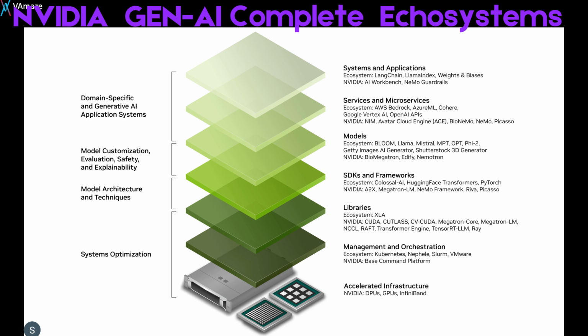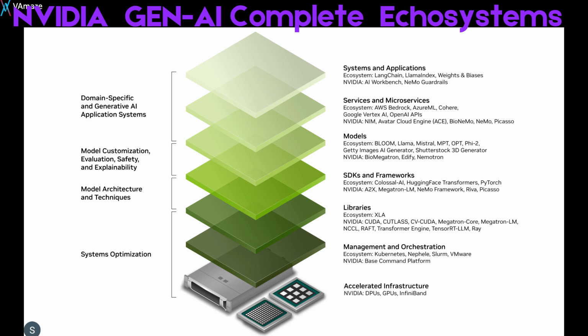Now coming back to model architecture and techniques, where we have the sublayers of SDK and framework, with an ecosystem including Colossal-AI, Hugging Face Transformers, PyTorch, and on the NVIDIA side A2X, Megatron-LM, NeMo framework, and also Riva and Picasso.